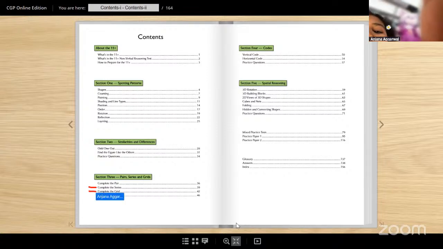Actually, I know what these are. It's just sometimes the questions are really hard, and these questions are really hard.